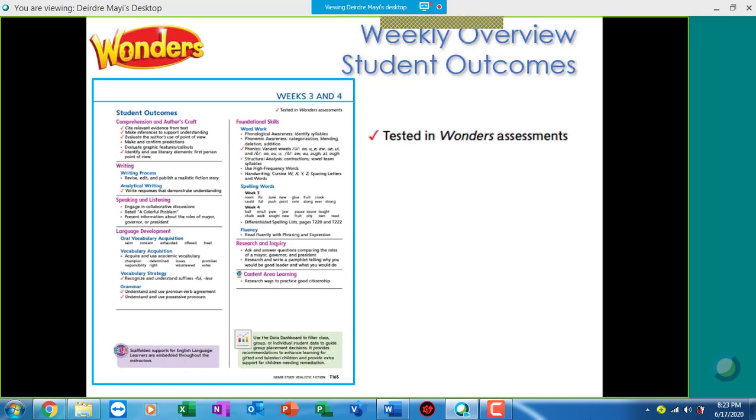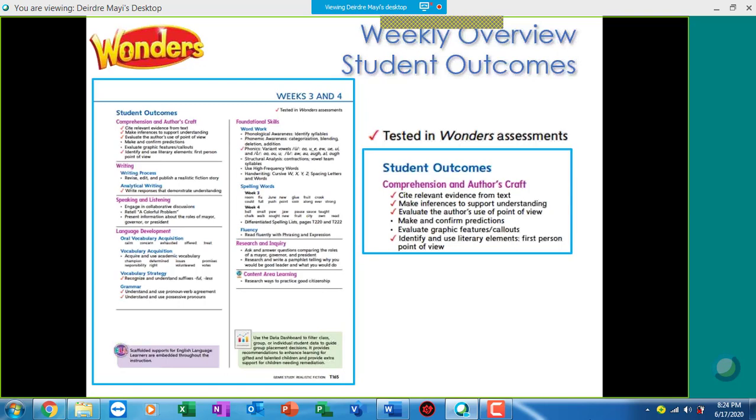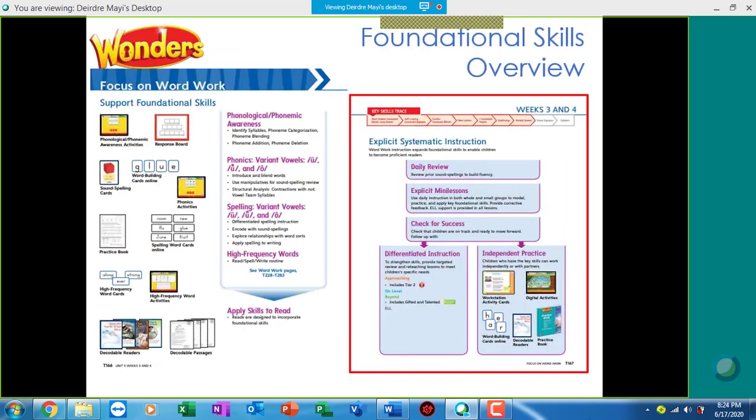Now, the things that you see that are checked will be things that are considered core. Very, very, very important. So I'm certain that in some way, shape, form, or fashion, you will see that content in your curriculum map, okay? So again, anything with a check is considered quite critical and will be tested.